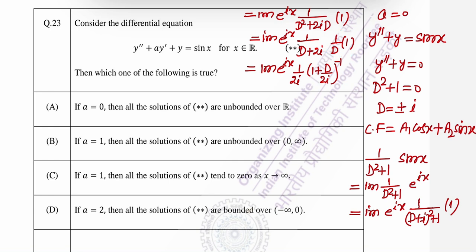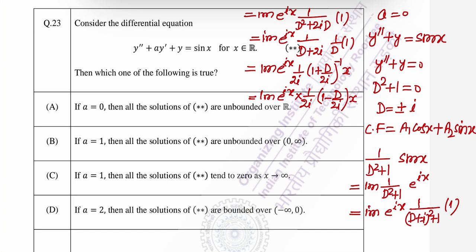The next step will be the imaginary part of e to the power ix into 1 by 2i, and here will be 1 minus D by 2i, and the higher order we can neglect, because if you take D square, then differentiation of x will be 1, and if you differentiate again, then it will be 0.